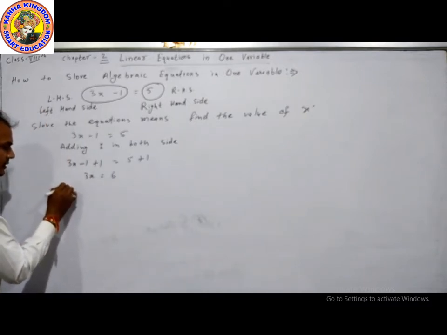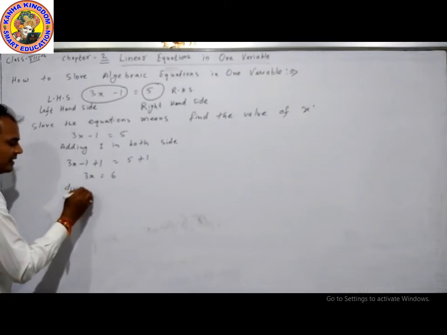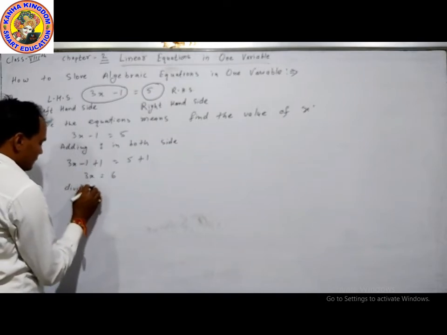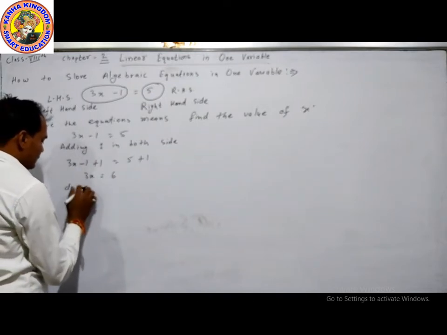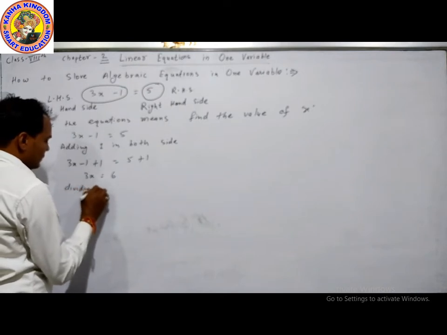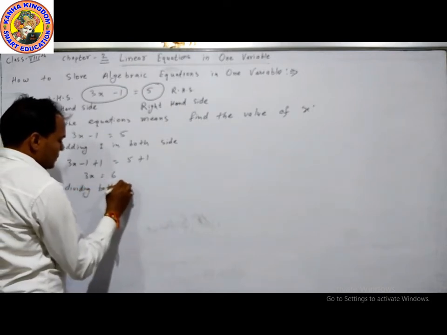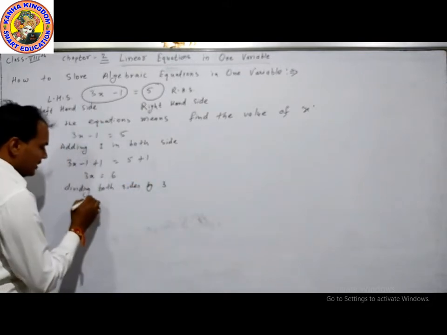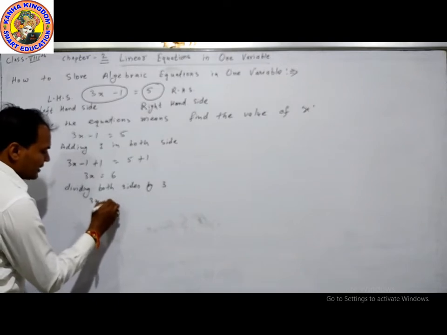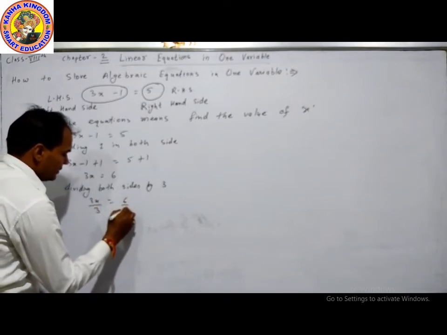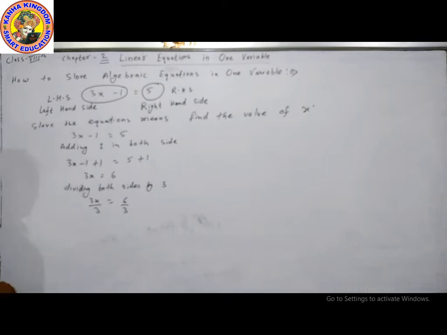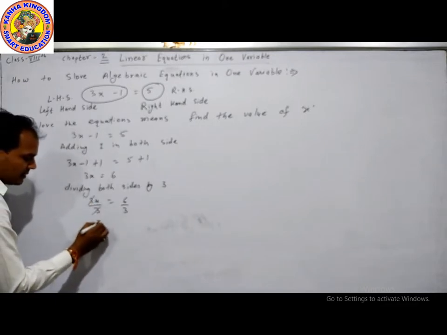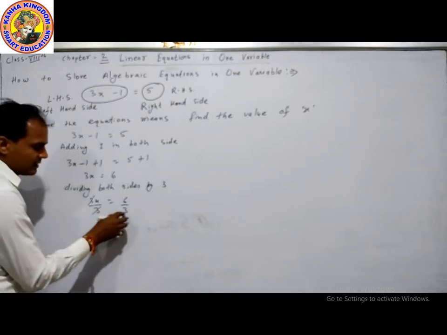Next, dividing both sides by 3. 3x is equal to 6, divide by 3. 3 and 3 cancel out, remaining is x.